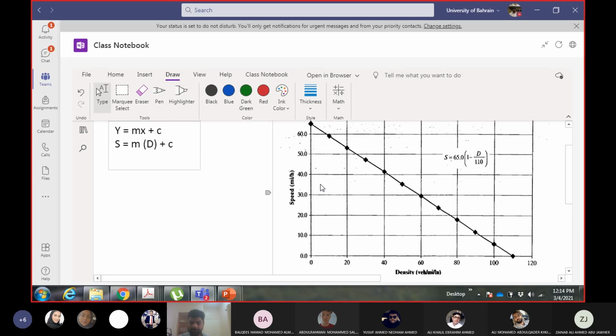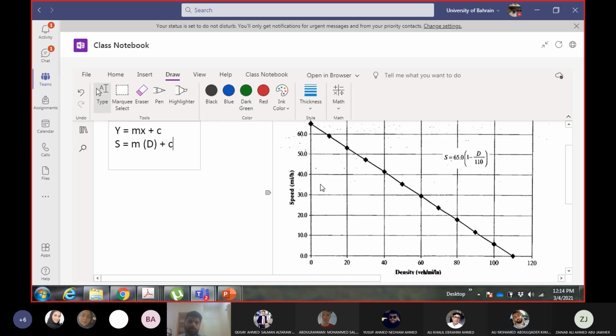What do we call the maximum speed when density is 0? Free flow speed. And when the speed is 0, you attain maximum density, and we call it what? Jam density. Very good.